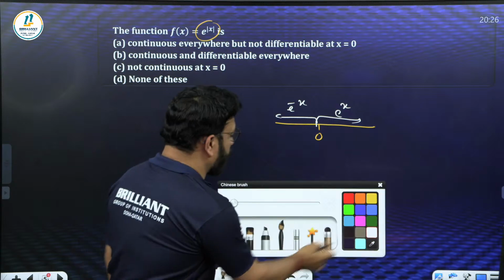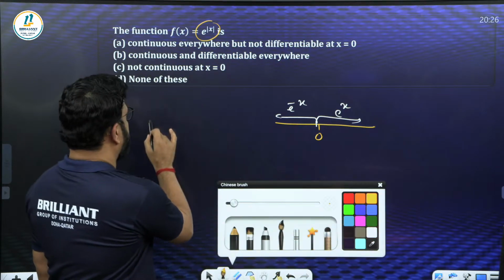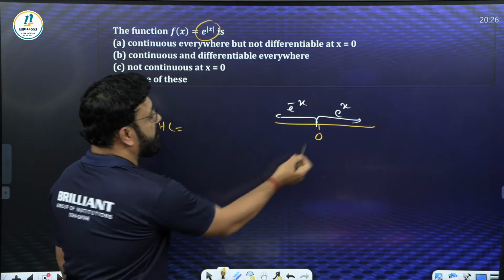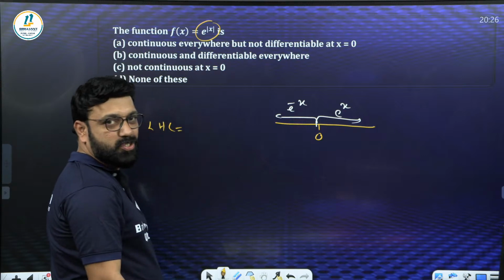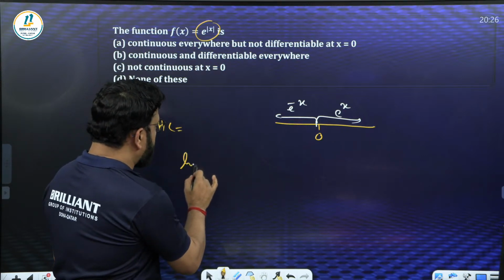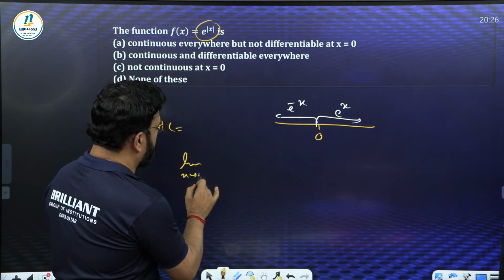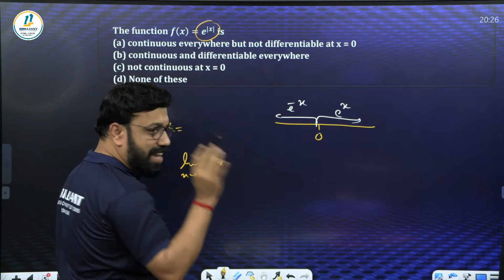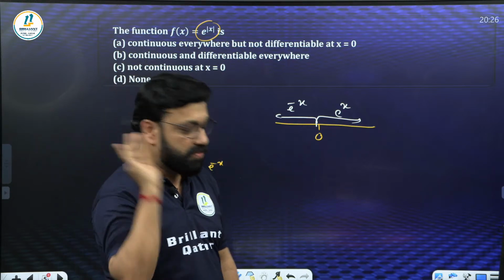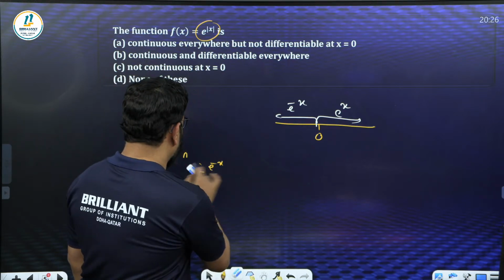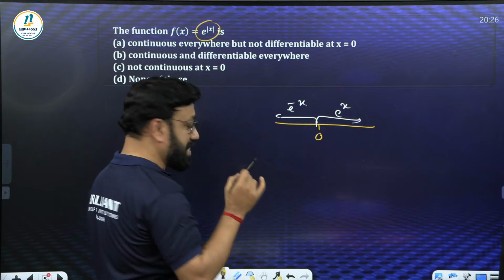Checking LHL, we can apply the limit as x tends to 0 minus of e raised to negative x. I am not writing that as a full step, since it's an MCQ question; do it maximum fast, short only.